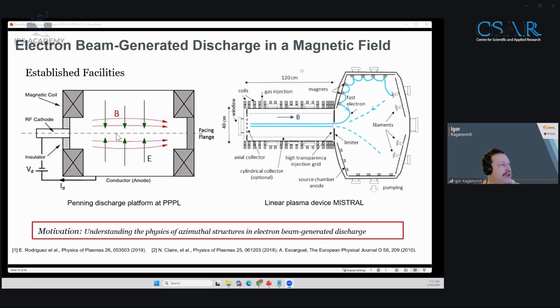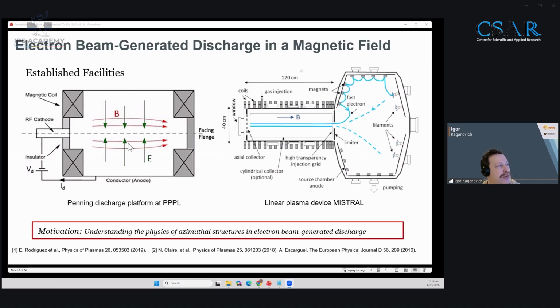Essentially it's a Penning discharge where the electron beam goes through the plasma, but then if you drive the current across, you produce an electric field, and that electric field has to drive electrons across the magnetic field. Because you have to drive electrons across, ions are confined, and it's kind of like a trap for ions.